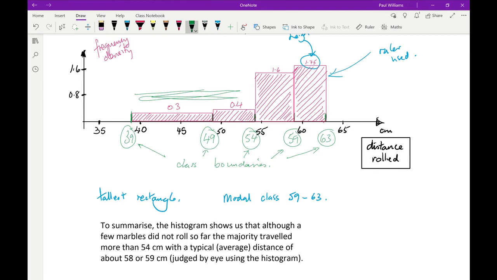It communicates through the shape. I can judge, perhaps only by eye, that the marbles that travelled the greatest distance, the top end, I could see that maybe the average of those is 58 or 59 centimetres that they travelled. So if I were to roll another marble down that slope, that's how far I'd expect it to roll, about 58, 59 centimetres.